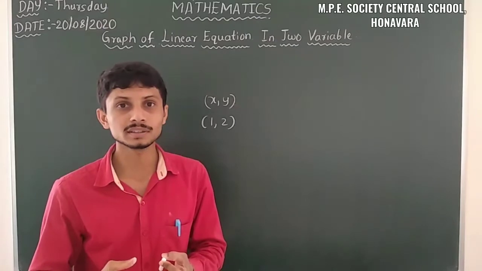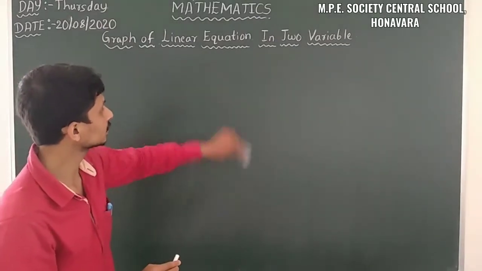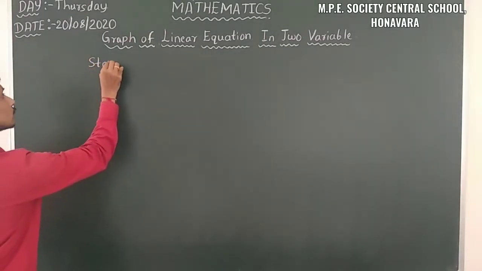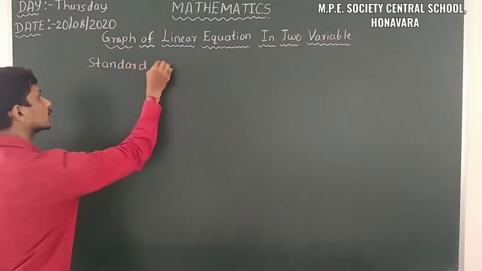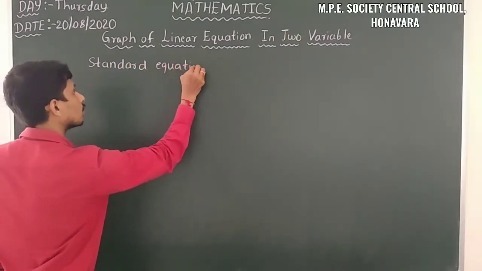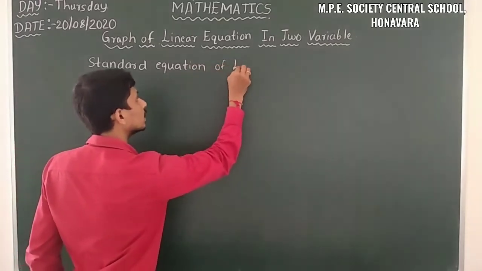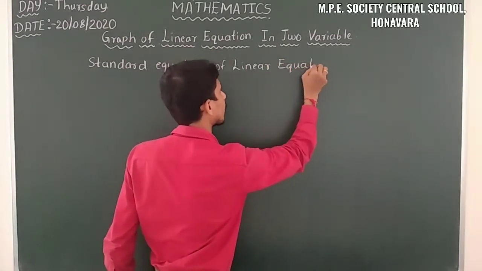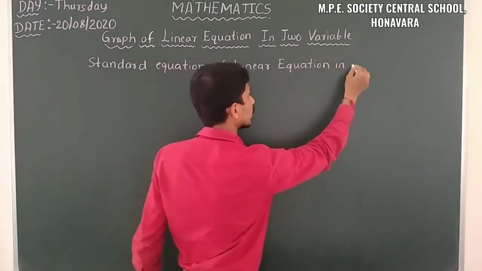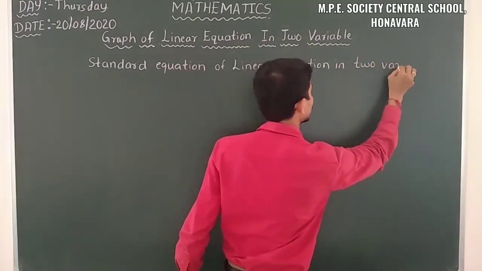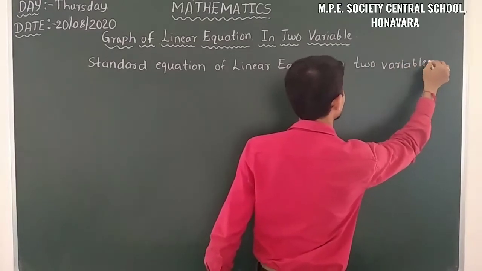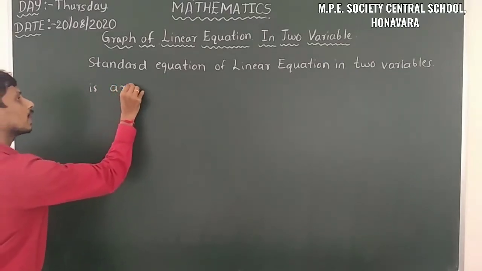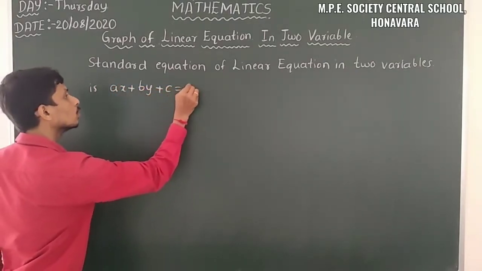Firstly, I will take the standard equation of a linear equation in two variables, that is ax plus by plus c is equal to 0.